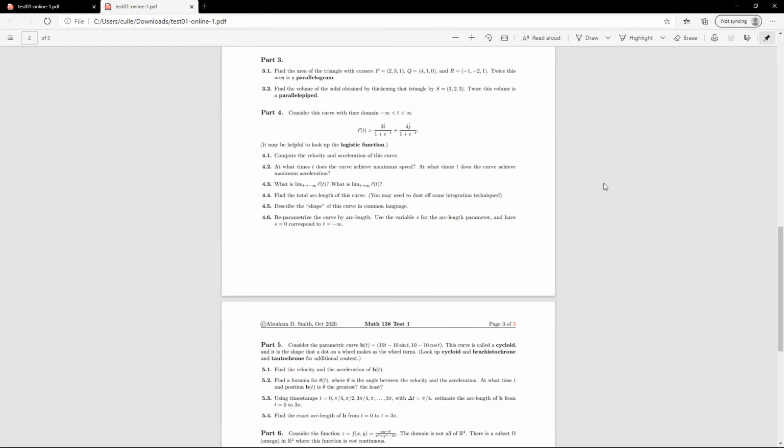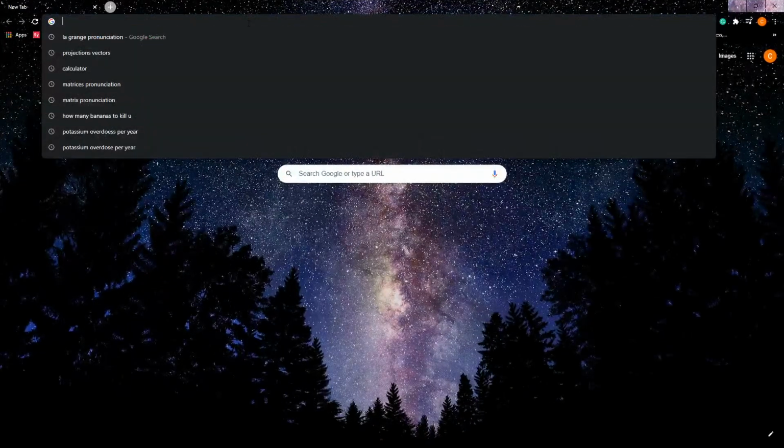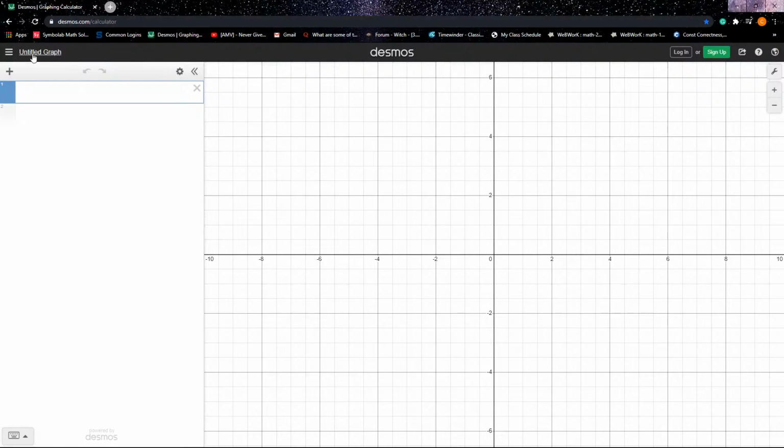So the integral of 1 over x is natural log x plus c, right? It could be. And I'm assuming this one will be a little bit trickier to do. So I'm just going to see if I can graph this. I don't want the Desmos calculator.